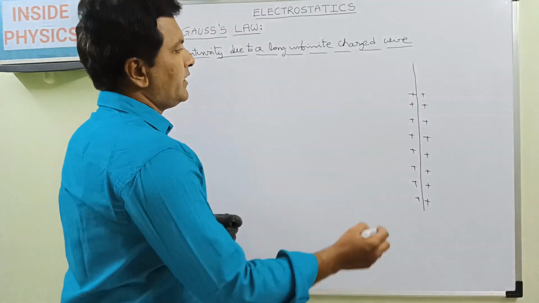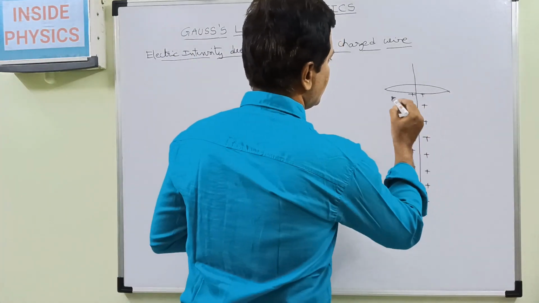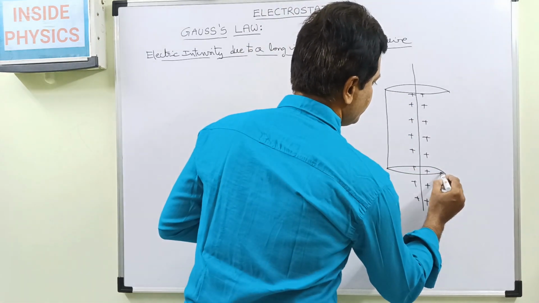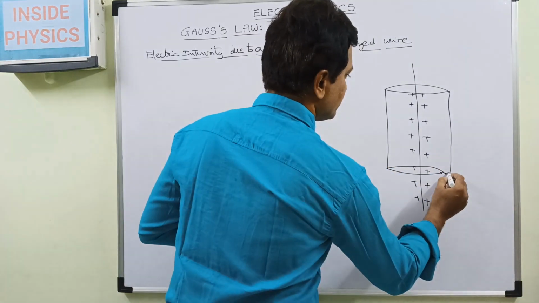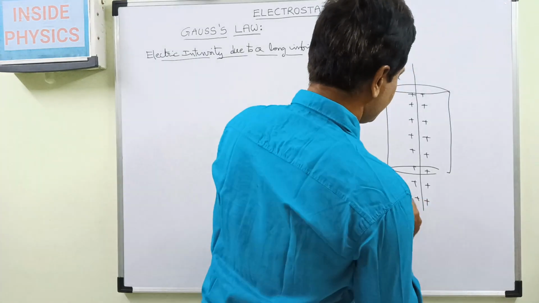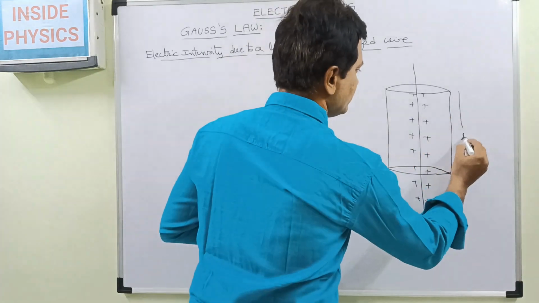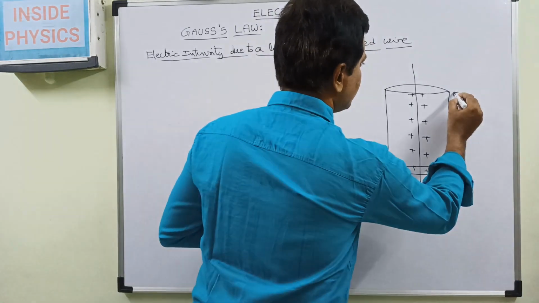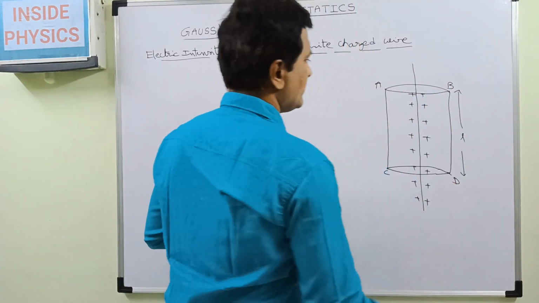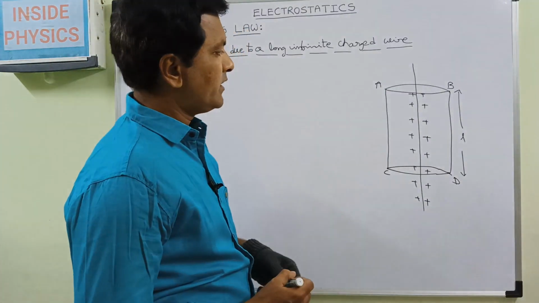Now we take a closed cylinder around this wire, which is having a length L. ABCD is the closed cylindrical surface around this positively charged conducting wire.